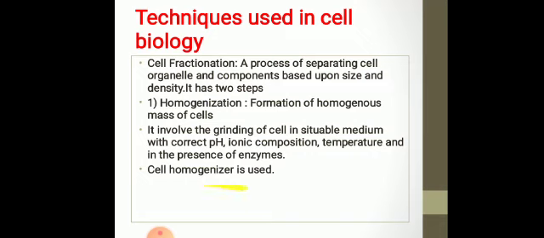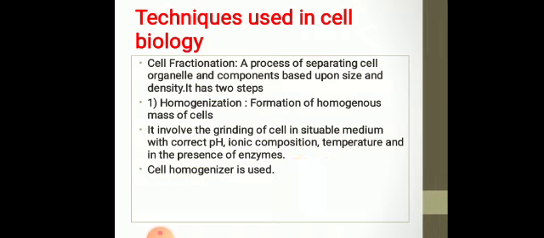And what will be the function of the blender? It will mix all the components of the cell. So what you have to do is grind the cell. It is actually a process of grinding the cells, but in a suitable medium with correct pH, ionic composition, temperature, and the presence of enzyme.